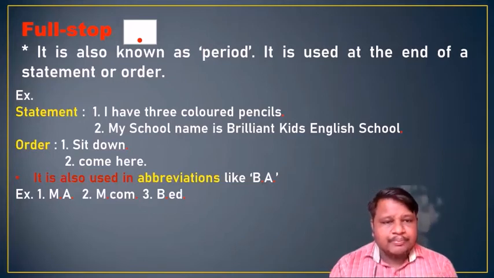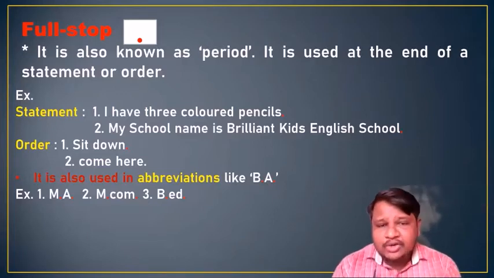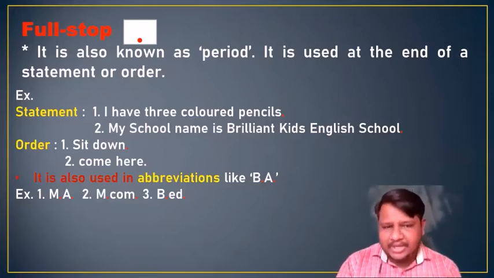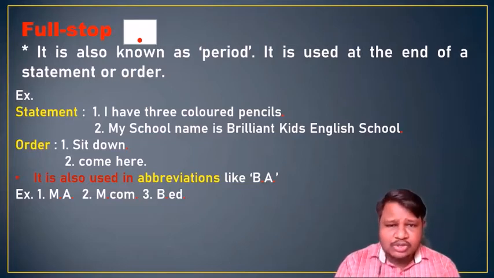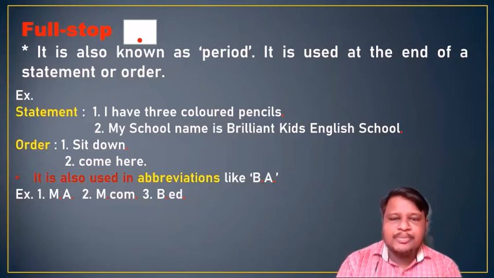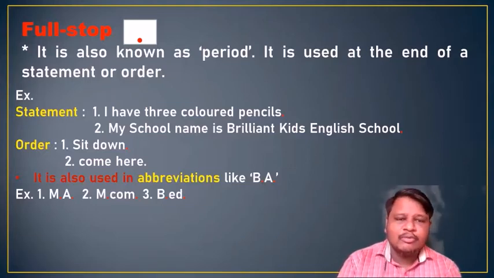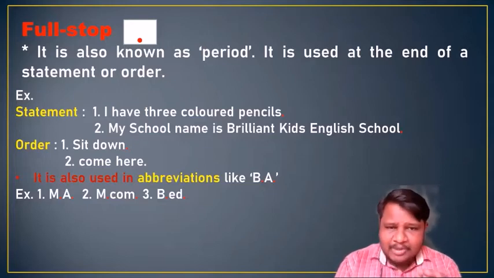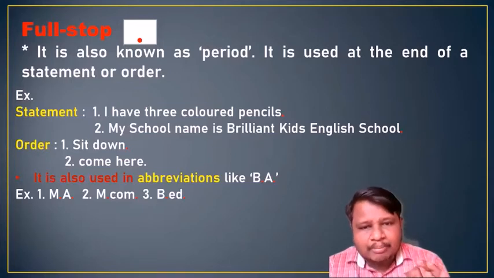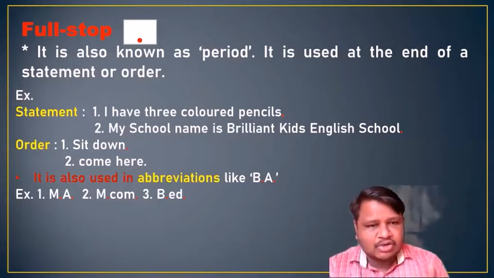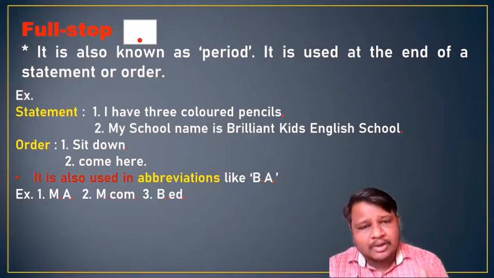Secondly, the full stop is also used in abbreviations like BA or MA, MCom, BEd. What is meant by abbreviation? Abbreviation means when we use some letters for some big words, like making a short form of something. BA means Bachelor of Arts, Master of Arts, Master of Commerce, Bachelor of Education, like this.